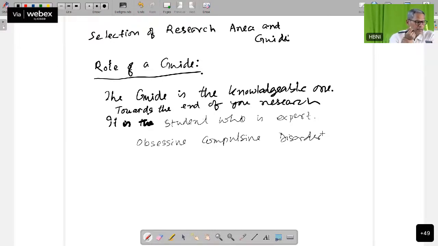Persistent thinking, you have to persistently go on thinking, and also you explore what other people are doing in your field, what difference you can make. In a textbook, you learn. In a research-based degree, you ask what more can be done as the right question. In a book, you just learn what is written there. But when you are doing research, you learn and then ask what more can be done.